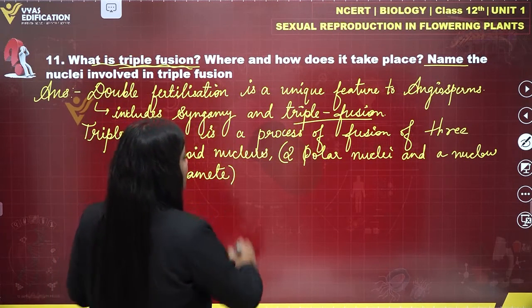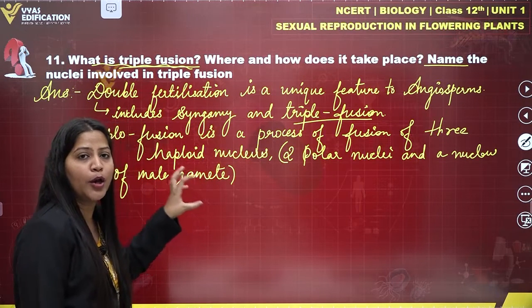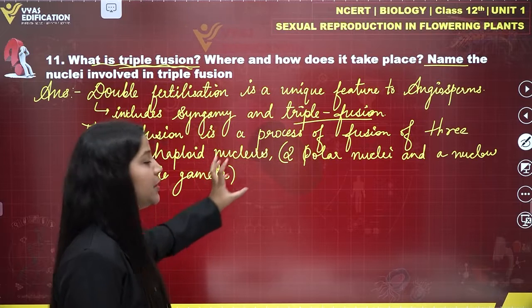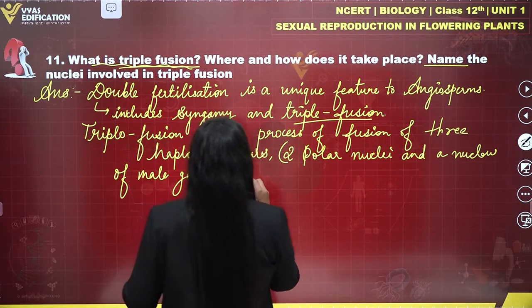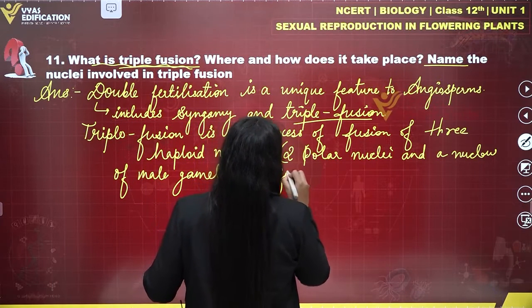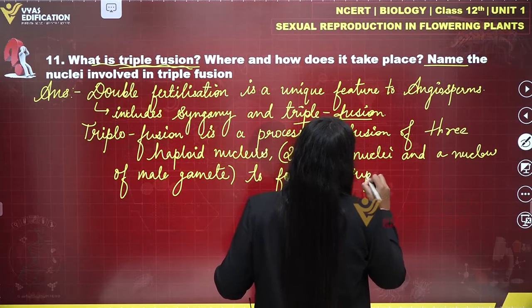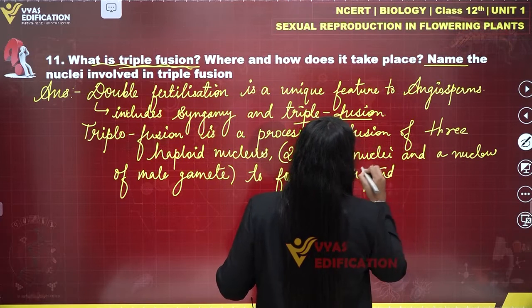All these three haploid nuclei of the female gametophyte and the male gamete fuse together to form a triploid structure.